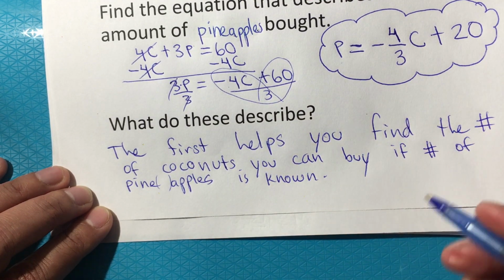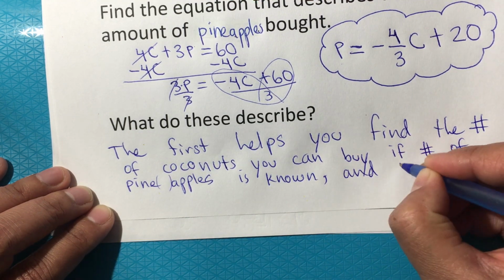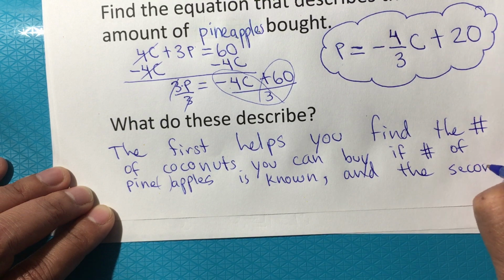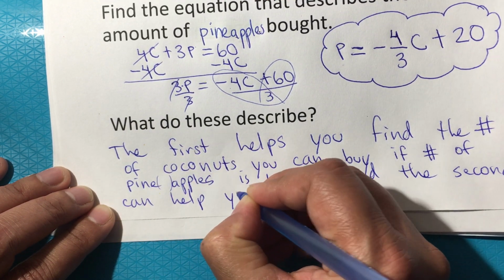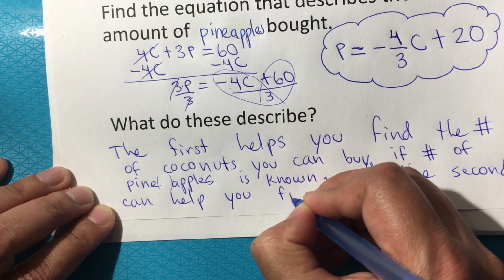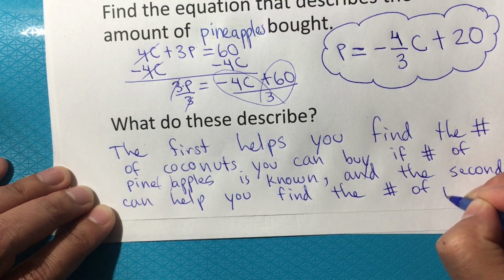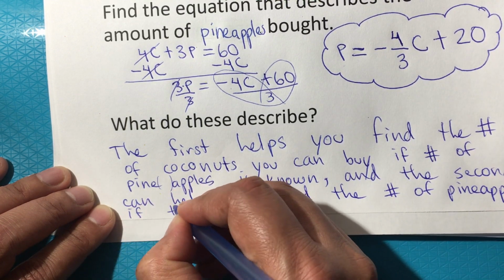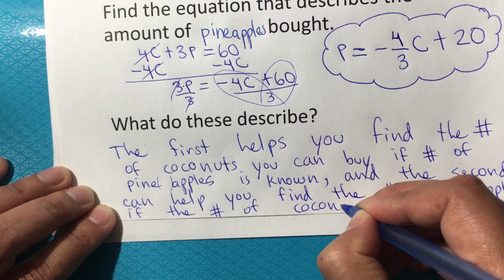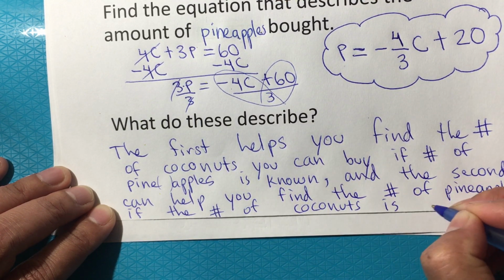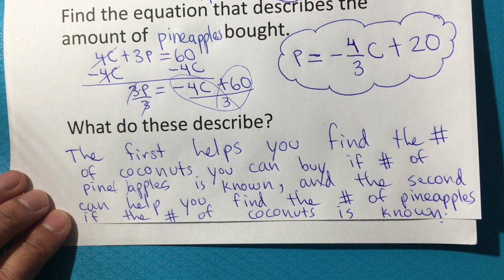And the second one will help you find the number of pineapples if the number of coconuts is known. Pause the video if you need to copy that so that we can move on.